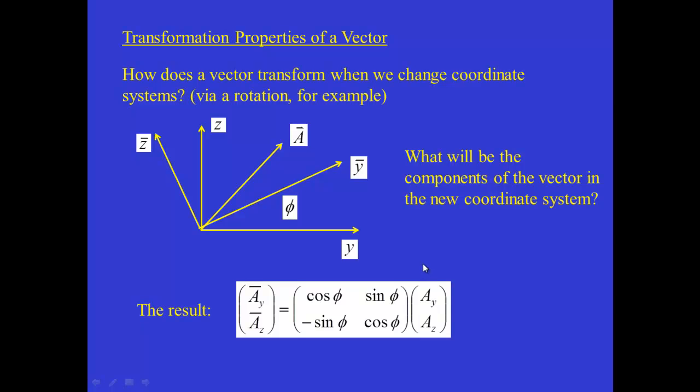So you'll be asked on your homework to generalize this to rotation about a different axis and to figure out how to write down this transformation matrix that takes the old coordinates and generates the new coordinates through the application of this rotation.